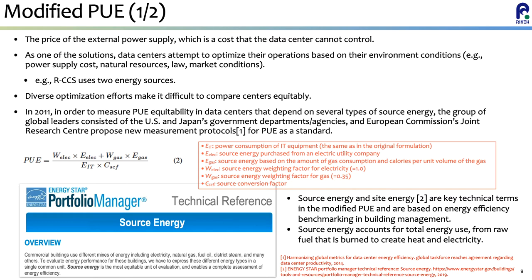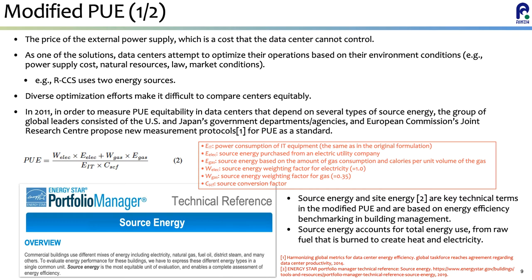Due to this situation, in 2011, in order to measure PUE equitably in data centers that depend on several types of source energy, a group of global leaders consisting of the United States and Japan's government departments and agencies, and the European Commission's Joint Research Center proposed new measurement protocols for PUE.